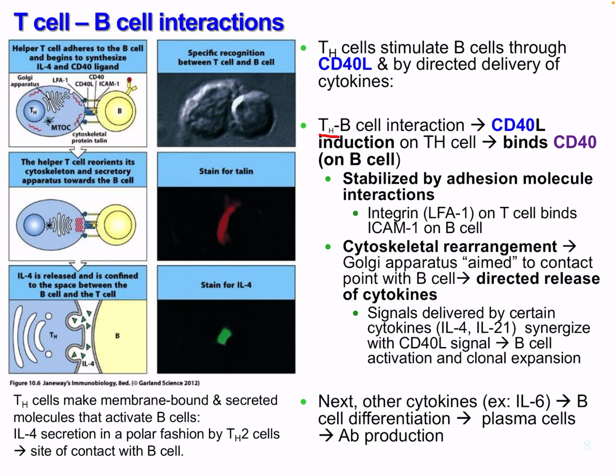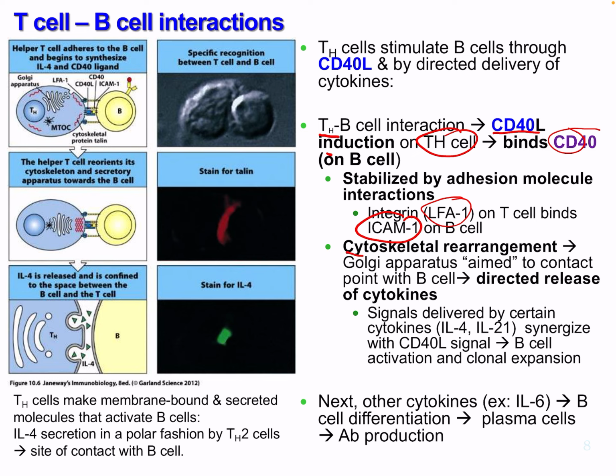So in the T helper to B cell interaction, we have our CD40L, which is induced on the T helper cell, and this binds to CD40. This interaction is stabilized by adhesion molecules such as the integrin LFA1 on T cells, which binds to ICAM on the B cell. So we've seen this interaction between LFA and ICAM quite often.